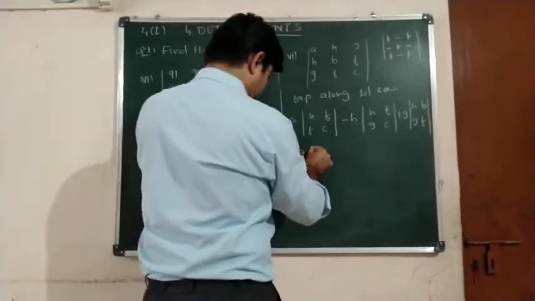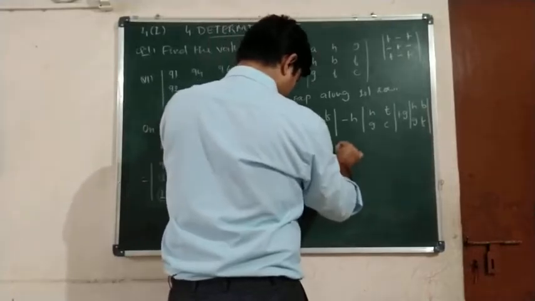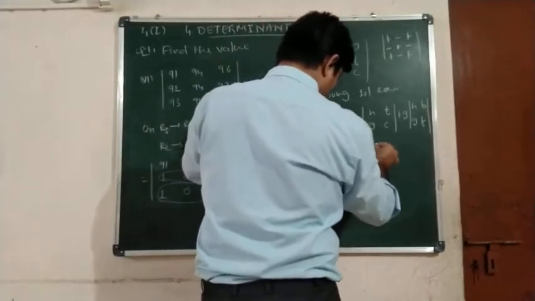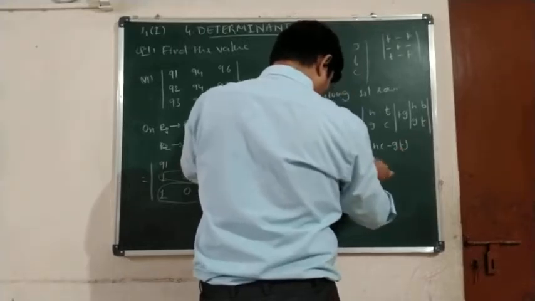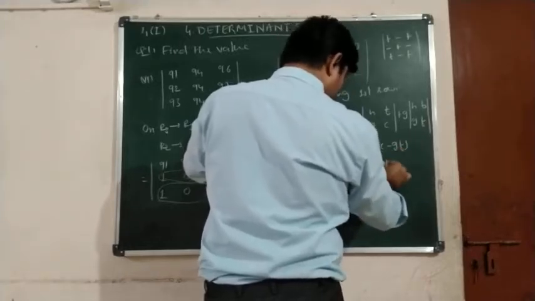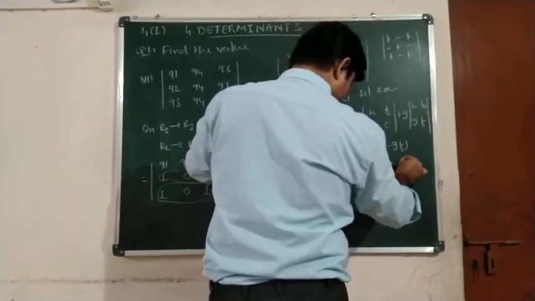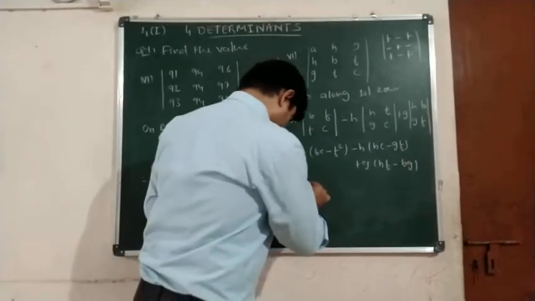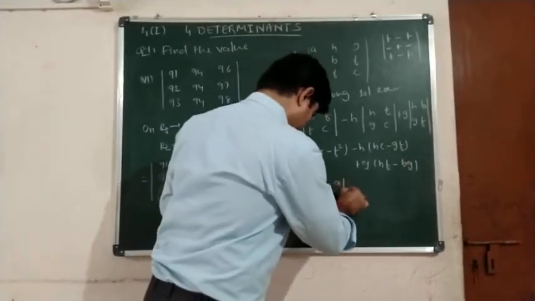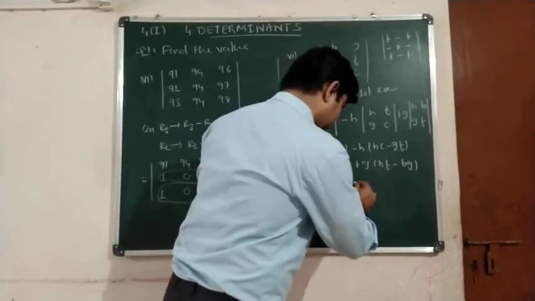Now let us expand. So A times BC minus F square, minus H times HC minus GF, plus G times HF minus BG.